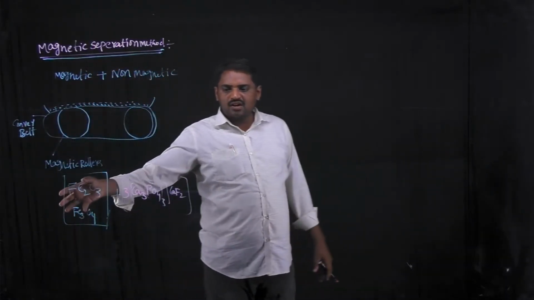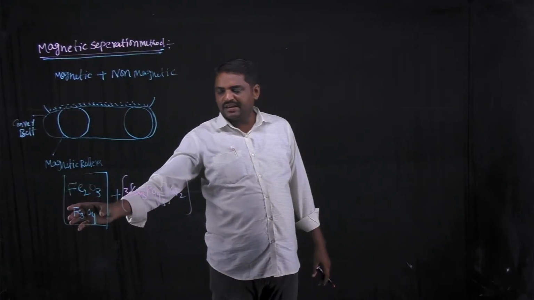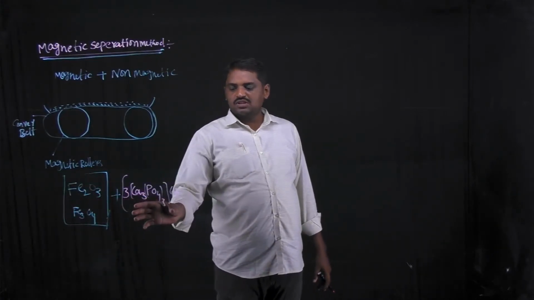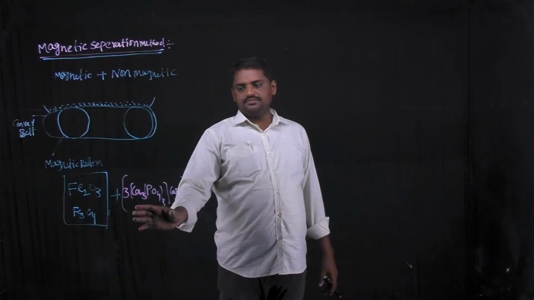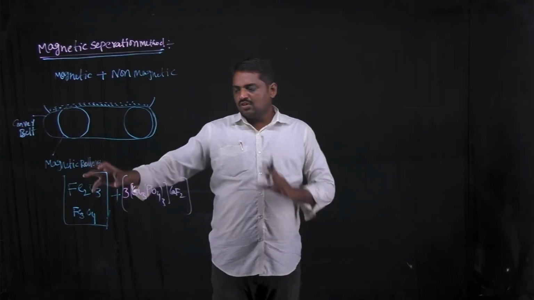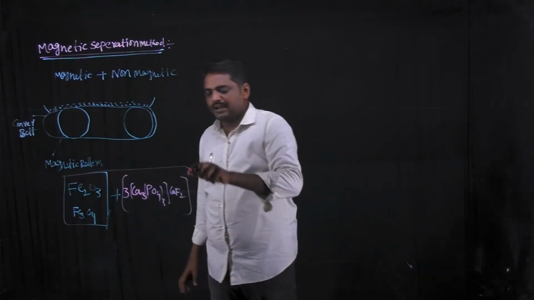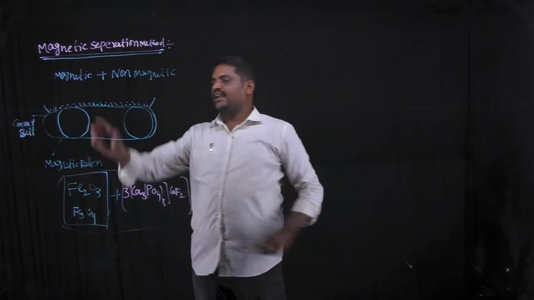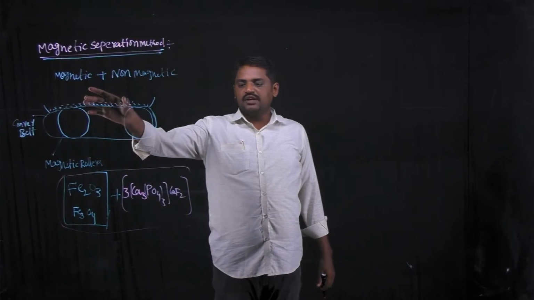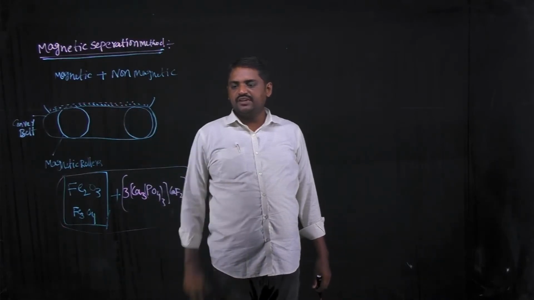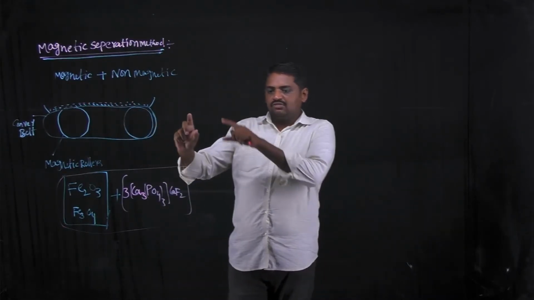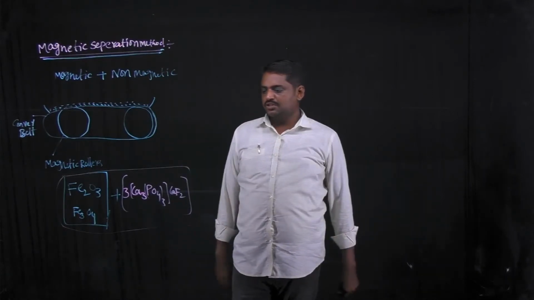So the iron oxides like hematite and magnetite contain this impurity. The mixture of amorphous ore is placed on the surface of the conveyor belt, and the magnetic rollers move very fast.